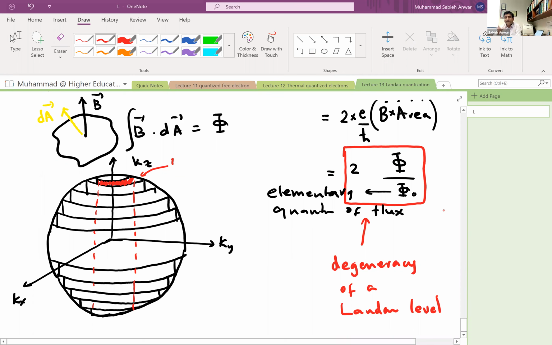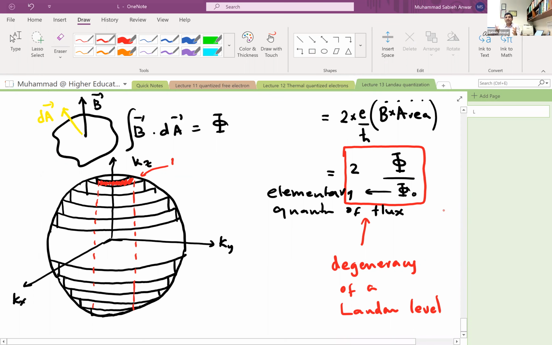But now I have these concentric Landau tubes, one after the other, one after the other. The structure of k space becomes totally variegated. It becomes totally punctured, in the sense that not all kx and ky values are allowed. The structure breaks down into these concentric tubes, and certain gaps appear between the tubes.